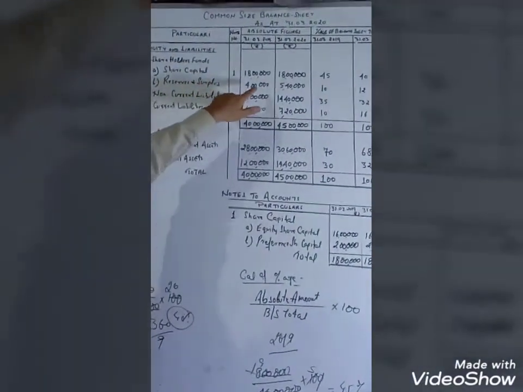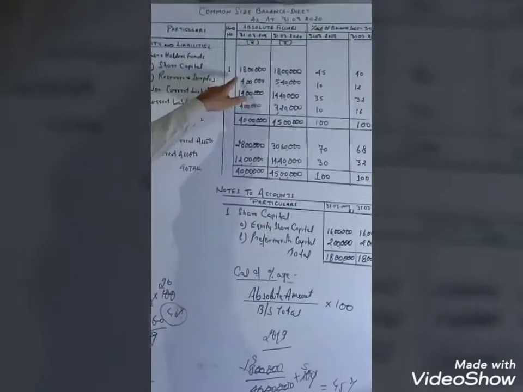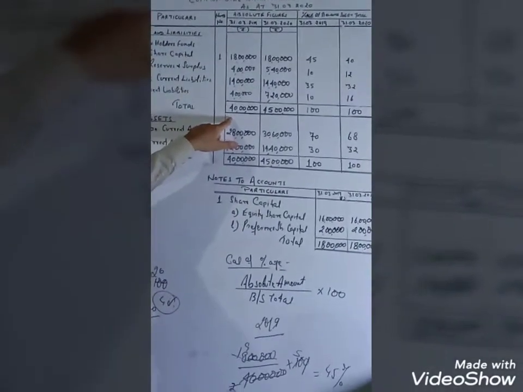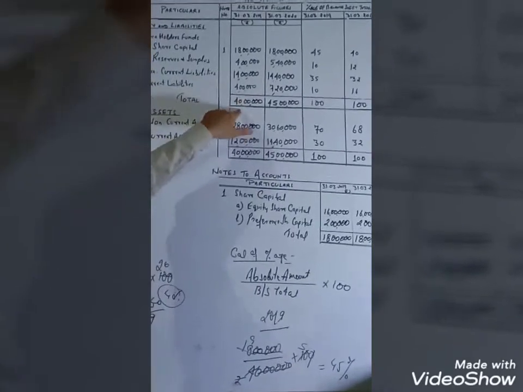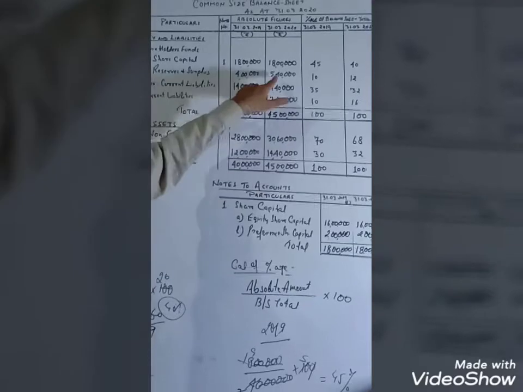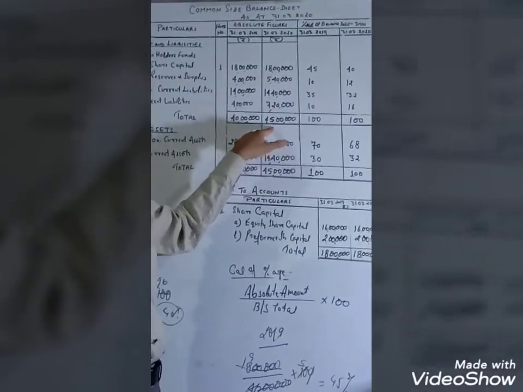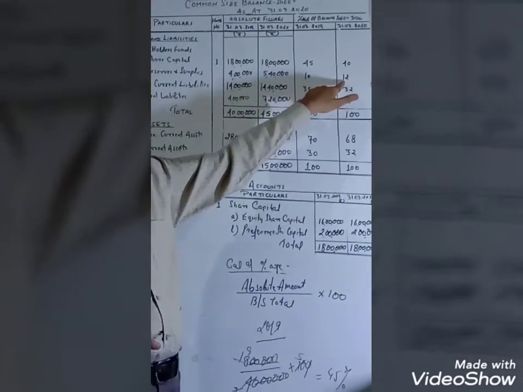Now second is reserves and surplus. So in the year 2019, 4 lakh divided by 40 lakh multiplied by 100, it works out to 10%. For the year 2020, 5 lakh 40,000 divided by 45 lakh multiplied by 100, it works out to 12%.